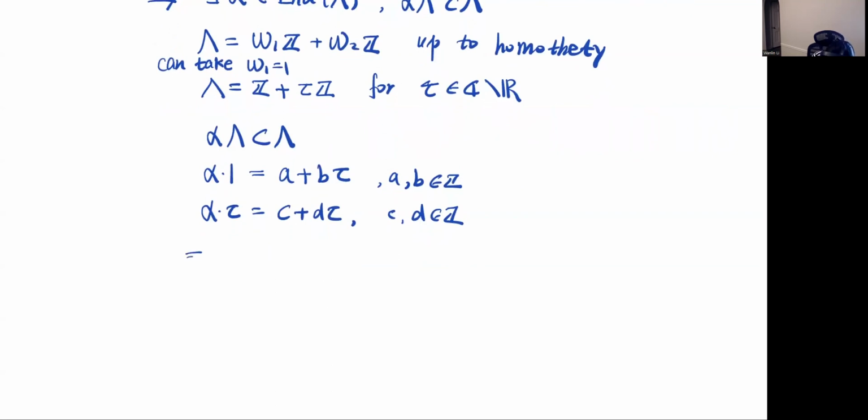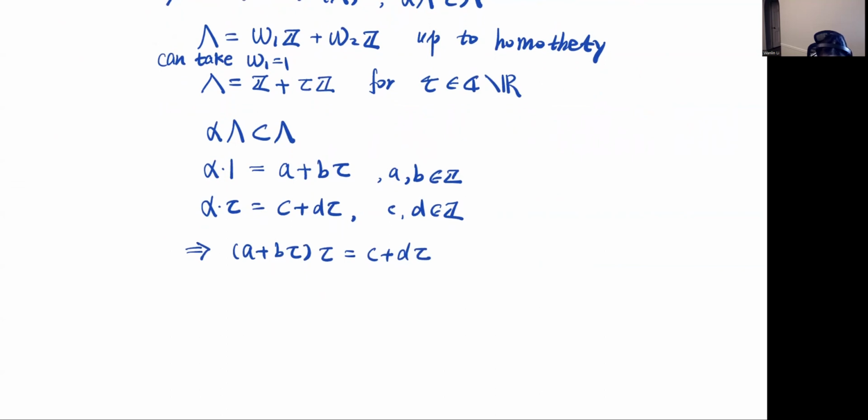So then you get the following equation: a plus b tau, which equals alpha, times tau equals c plus d tau, which is a quadratic equation in tau.